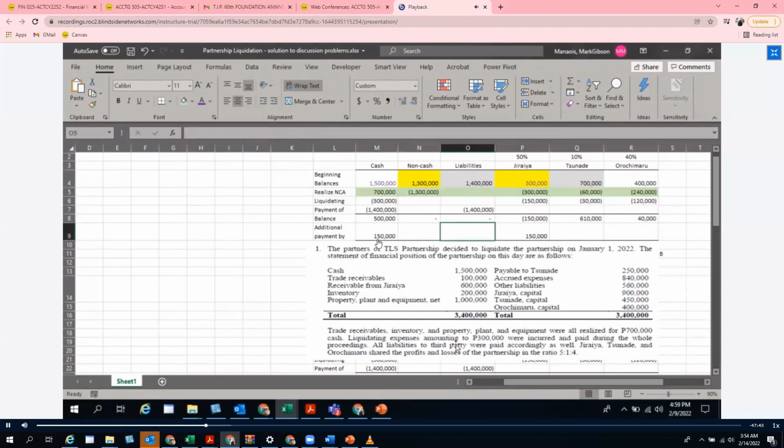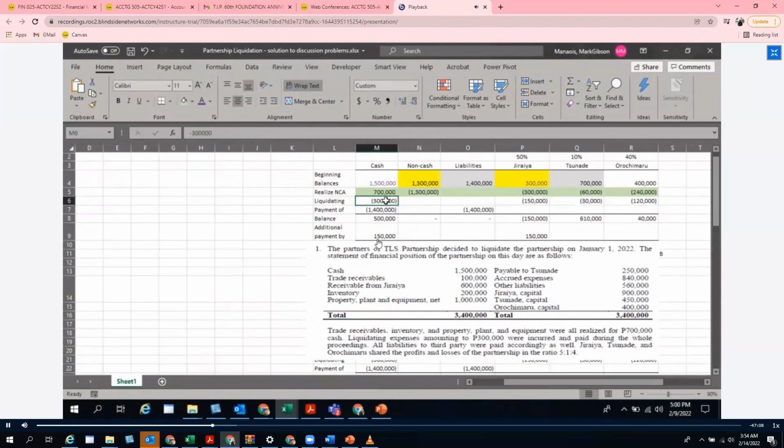Next, how about the liquidating expense? No? So remember, no, we have a liquidating expenses amounting to 300,000. How are we going to take that up? Of course, we're going to pay that, no? So kung third party man yan, third party assessors or yun nga, marketplace, we have to pay those suppliers, no? So negative cash, no? So basically we're crediting our cash, no, to pay for them. Now, the related debit will be debit across the partner's capital, no?